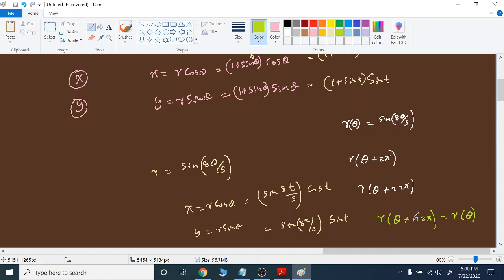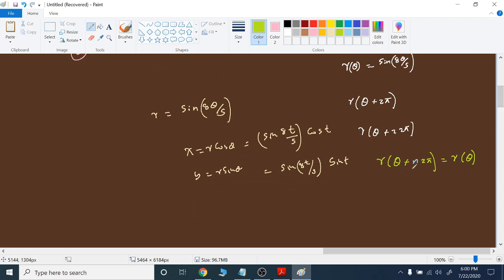If we keep on increasing after this point, you will be getting all the previous values, right? So it's the critical point for the graph to repeat itself. We are going to find how many rotations are required for the graph to start repeating itself. So we are going to find this n, right?